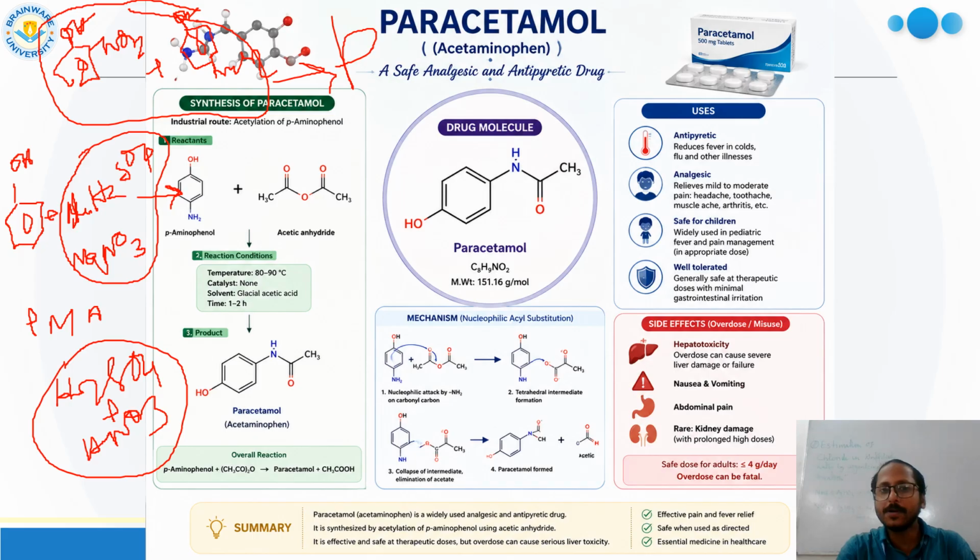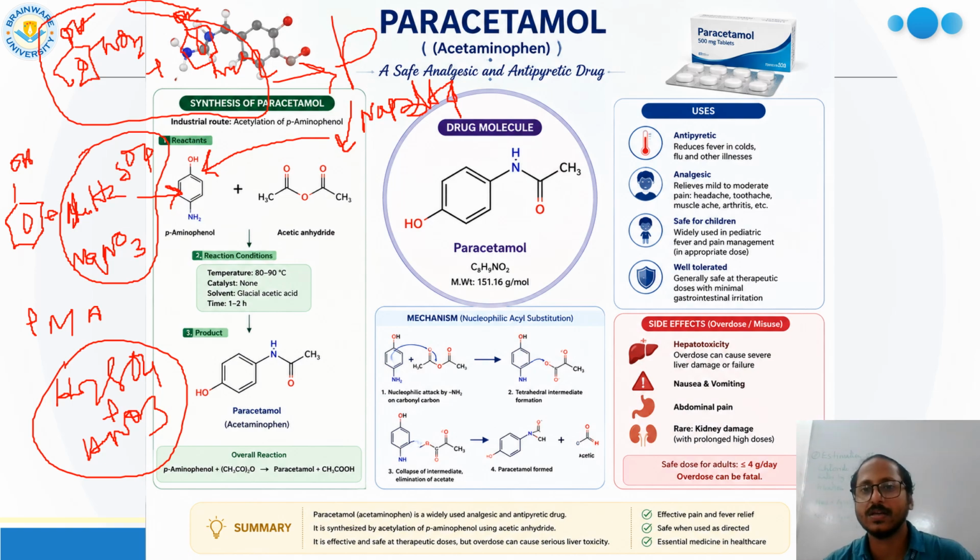Then, if you use a mild reducing agent, sodium borohydride, we get para-aminophenol, which then reacts with acetic anhydride to give the final product.